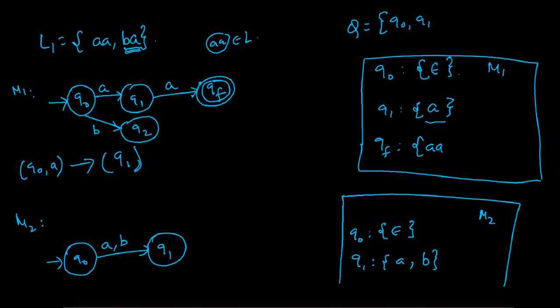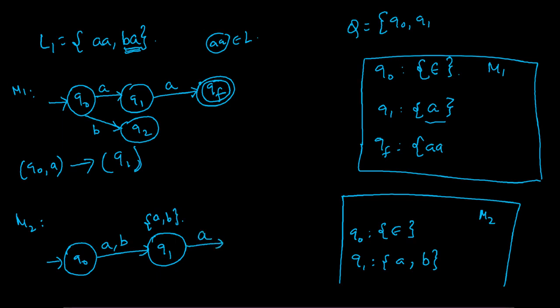Okay. Similarly for M2, when you are at Q1, it means that in order to reach Q1, you must have seen either A or B from Q0. If the next symbol is A, what does this mean?